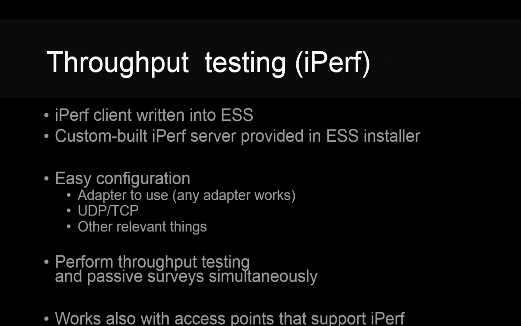And real quickly what that means is you need to have a server software running somewhere in the network that acts in a way as a mirror, or you could think of it as a mirroring server. That's a tough word for a Finnish guy to say. But the server component is required for end-to-end testing of throughput. And the protocol we use is called iPerf. How it works is you fire up ESS and then you just configure the iPerf to be used.